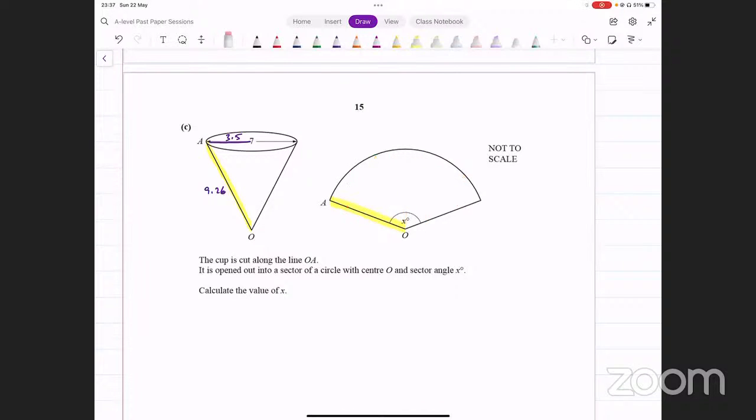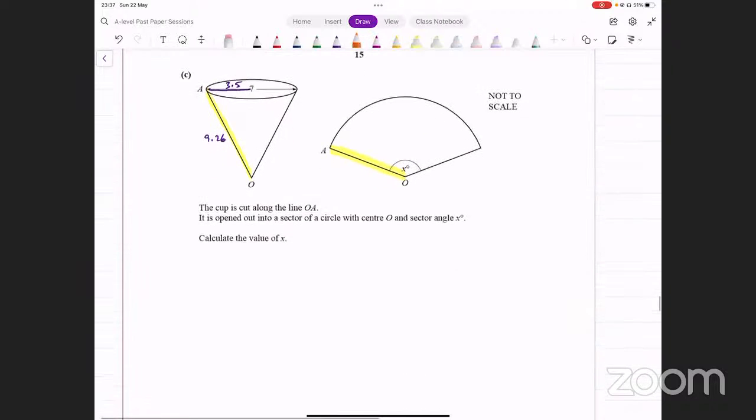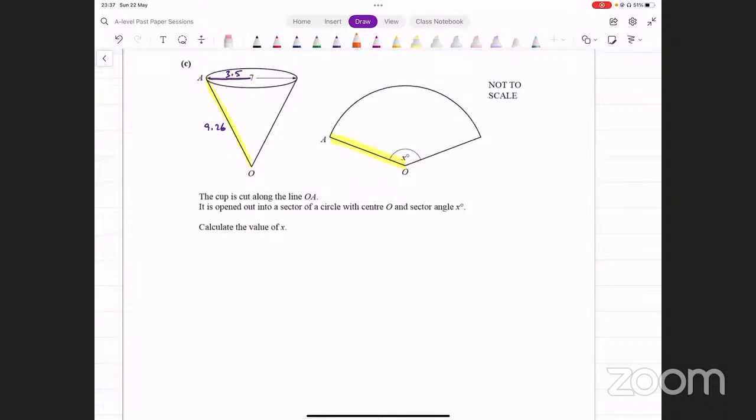Okay, let me write that down here. And this is something that happens every time. आप cone को जब भी open करते हो, तो आपके पास जो sector बनता है, उसमें curved surface area of the cone is equal to the area of the sector. ये दोनों equal होंगे एक दूसरे. ठीक है?